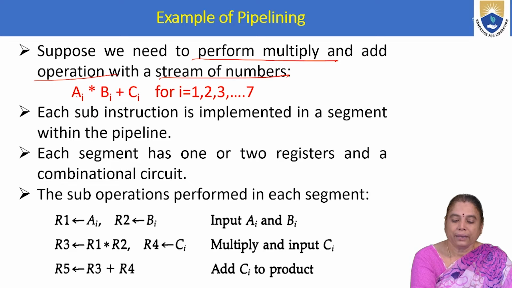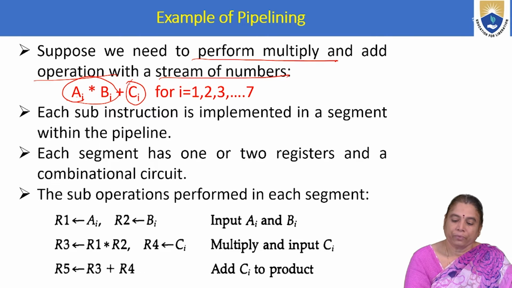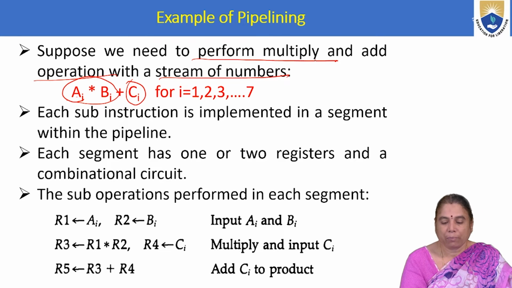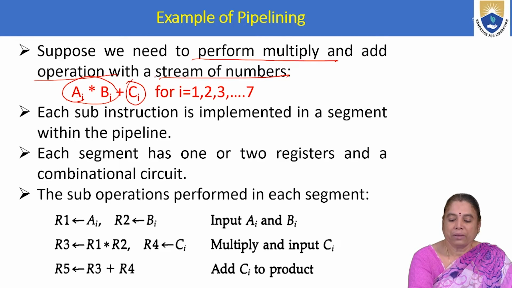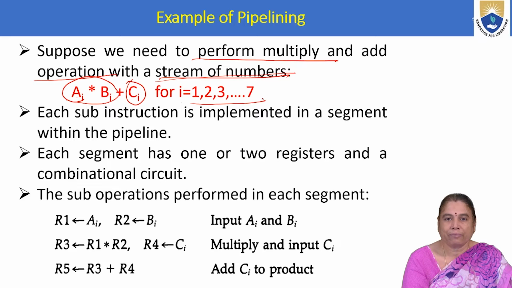Consider A and B, two numbers that are multiplied and then added with a third number C. This computation involves multiply and add operations, but on a stream of numbers. The stream can be the numbers 1, 2, 3 until 7, so the i value can be 1, 2, 3 until 7.